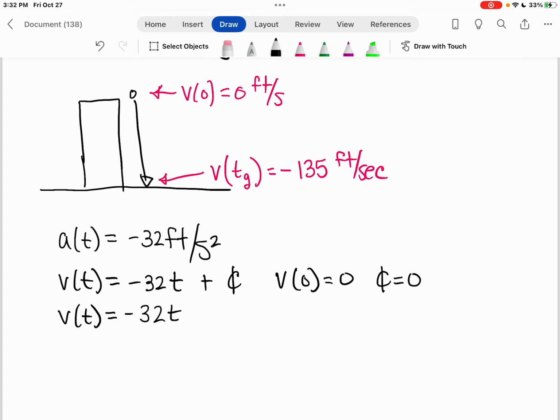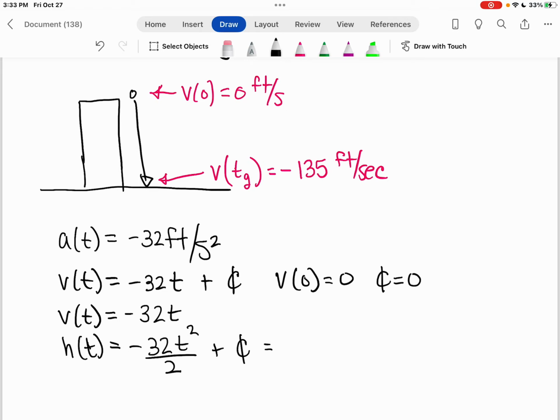Okay, now I'm going to work backwards again and take the antiderivative. So now I'm looking for my height function. When I take the antiderivative of negative 32t, I get negative 32t squared over 2, and then plus my constant.